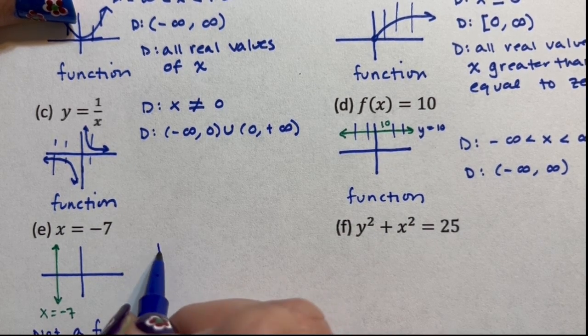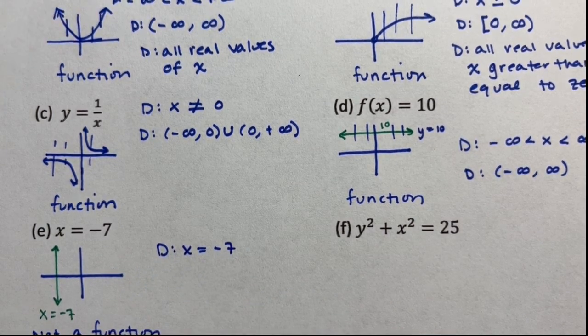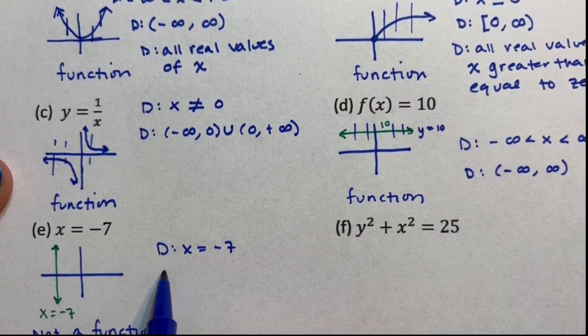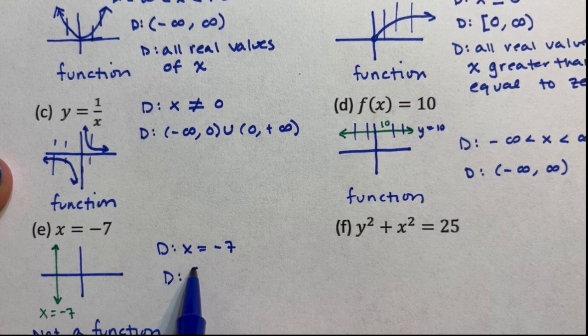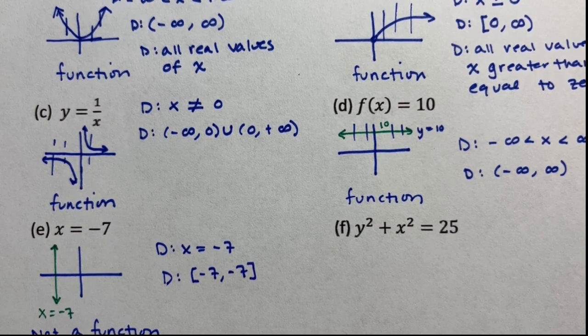The domain is x equaling negative 7. That's it. It is just negative 7. The interval notation to write this would just be really odd. It would just be pretty much negative 7 to negative 7. I don't even think people would write that. It's just x is negative 7. That's not a function. It's just a vertical line.